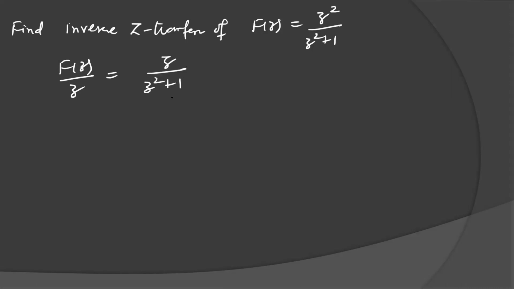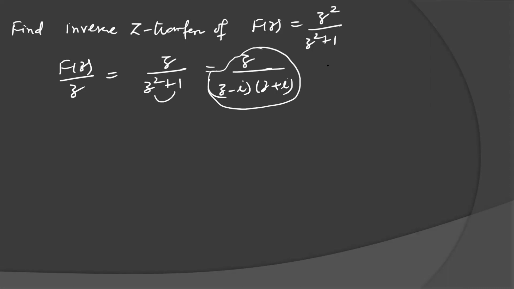The problem is we do not have real linear factors. We can break it into complex factors, z minus i, z plus i. Now you break the partial fractions for these factors only. You can write A over z plus i plus B over z minus i.